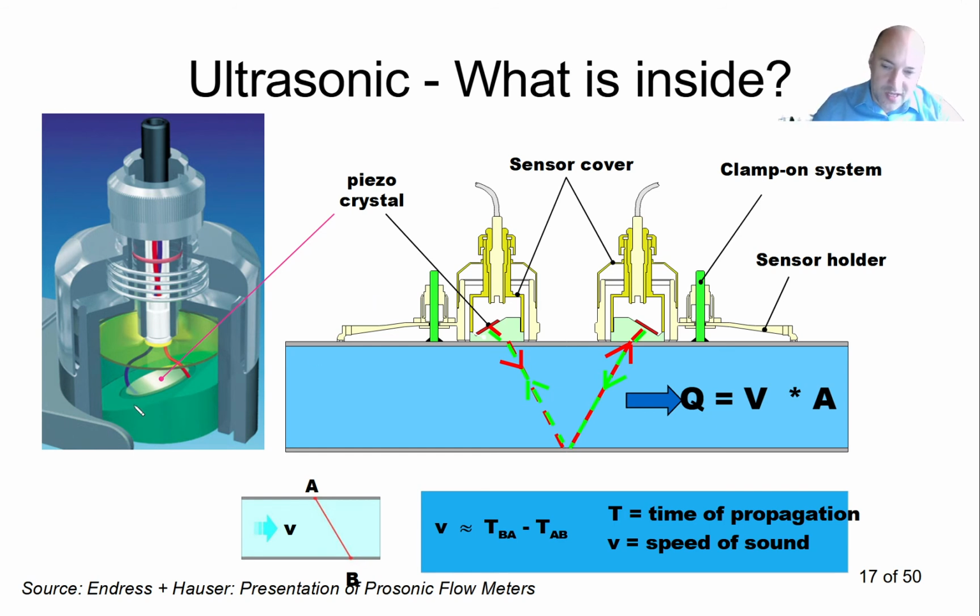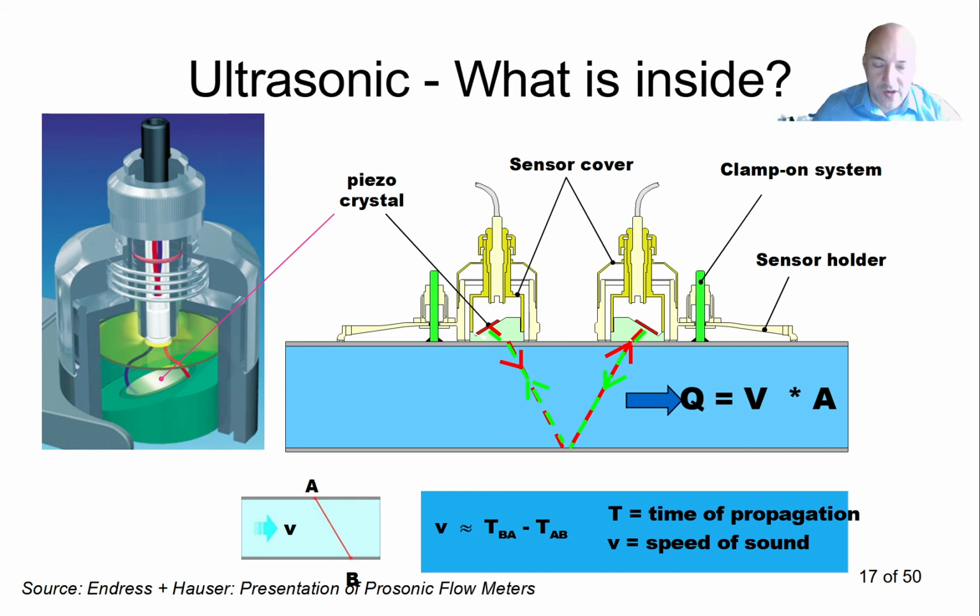So on the left here we can see the piezoelectric transducer. So it's a piezo crystal that is being excited with a voltage. Now you can imagine it like we have a crystal, for example, in a cigarette lighter. You press this crystal and this gives you voltage.